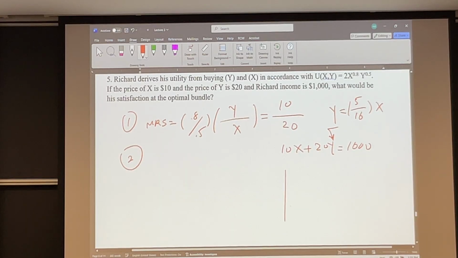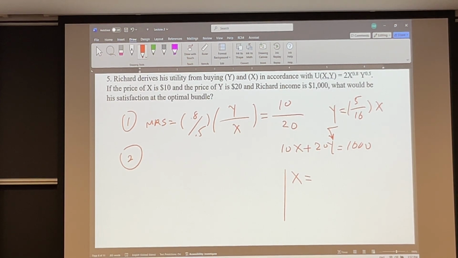What would be x? What do you get for x? Remember, something in the 60s. What do you get for x there? Anyone? 61.5.